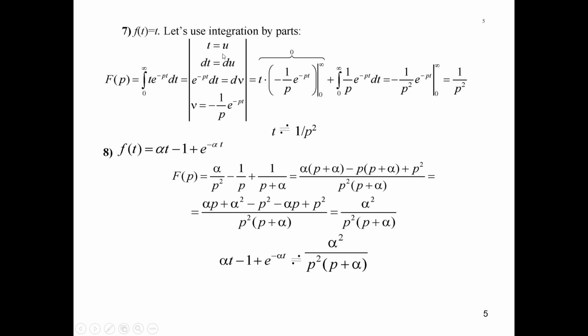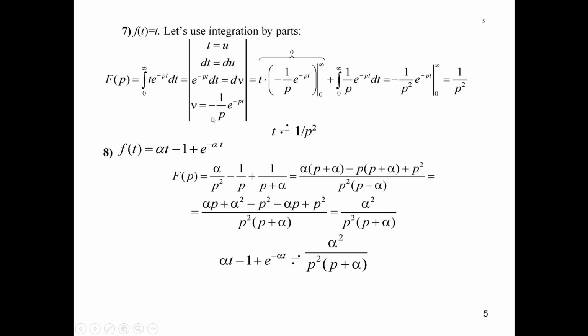You see, u multiplied by v will be t multiplied by this expression, and it should be written that it's equal to this, minus the integral from 0 to infinity of v multiplied by du.